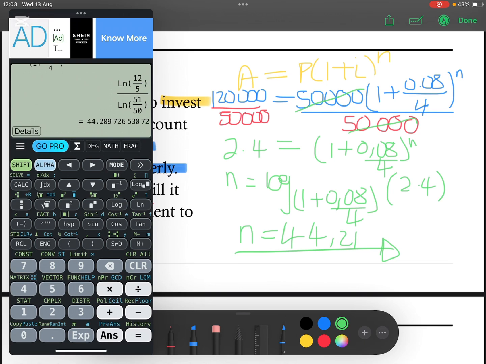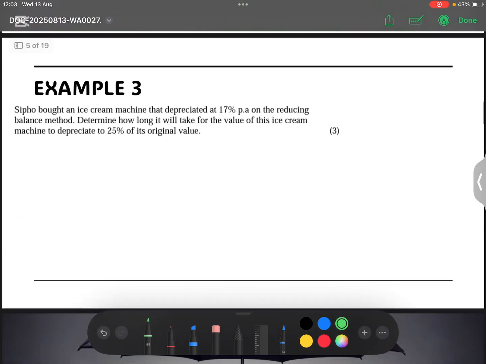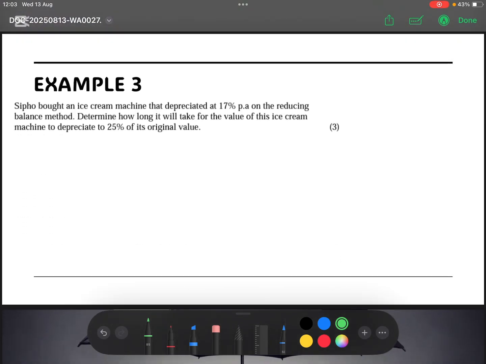So for you to invest 50,000 at an interest rate of 0.08 compounded quarterly, it will take you 44 quarters to get 120,000. Right? Okay. Let's look at another example based on that.